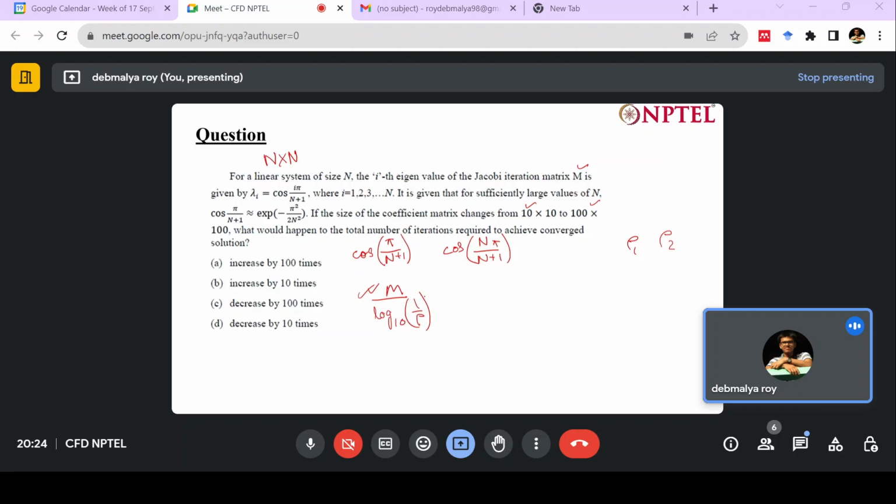So if I take the ratio of the number of iterations, let's say R2 to R1, this will be equal to log base 10 1 by rho 1 divided by log base 10 1 by rho 2.